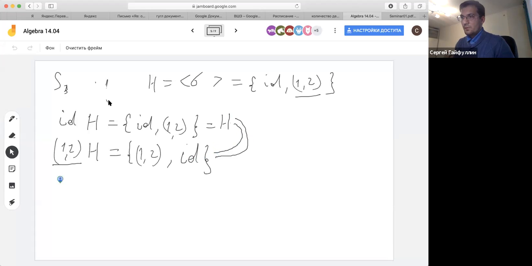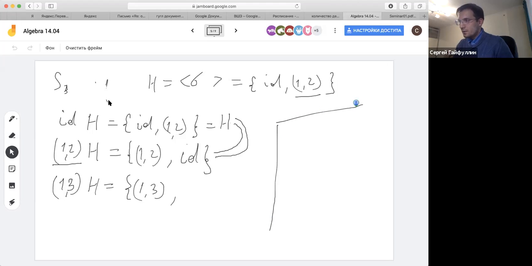I have this permutation in S3. So let us think about this left coset. 1, 3, I multiply by identity. I have 1, 3. And then 1, 3, I multiply by 1, 2. Let me multiply it here.